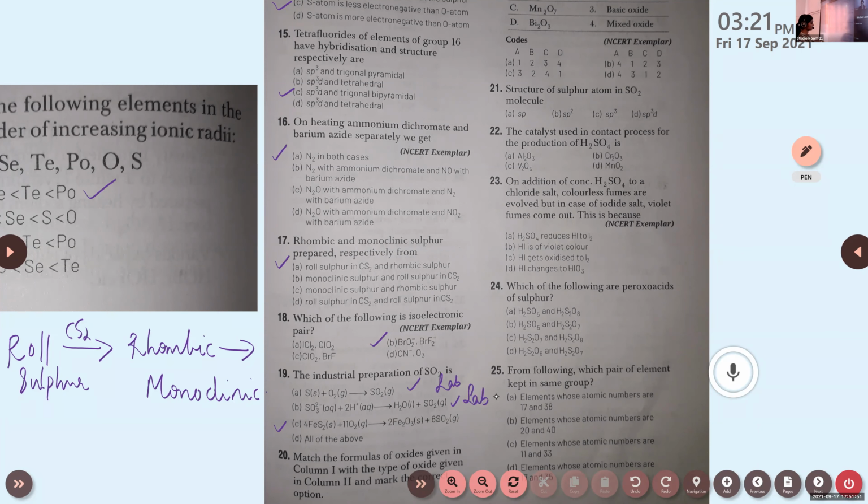Then option C is the industrial preparation of sulfur dioxide: 4FeS2 plus 11O2 gives 2Fe2O3 plus 8SO2. Okay. Shall I move to the next question?